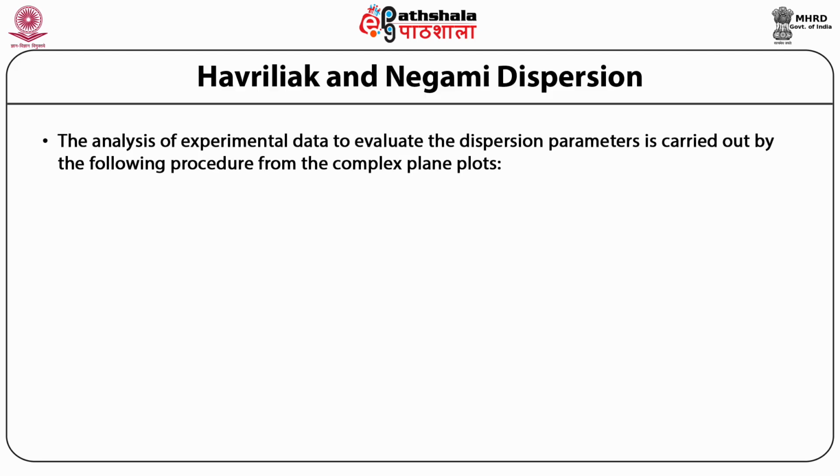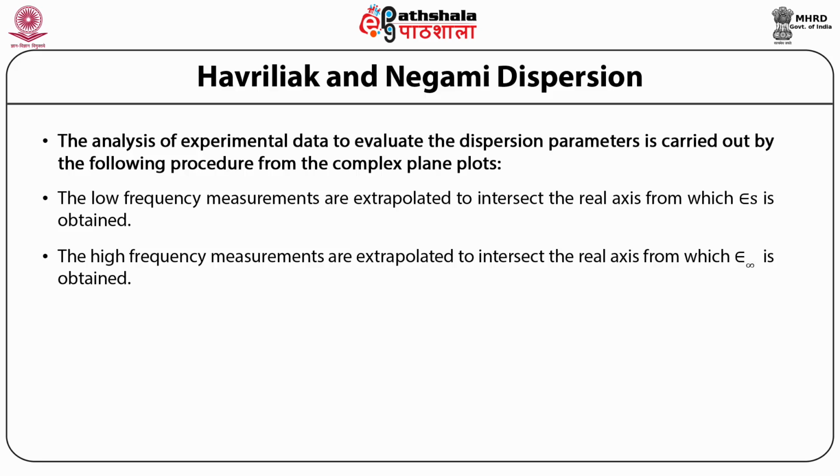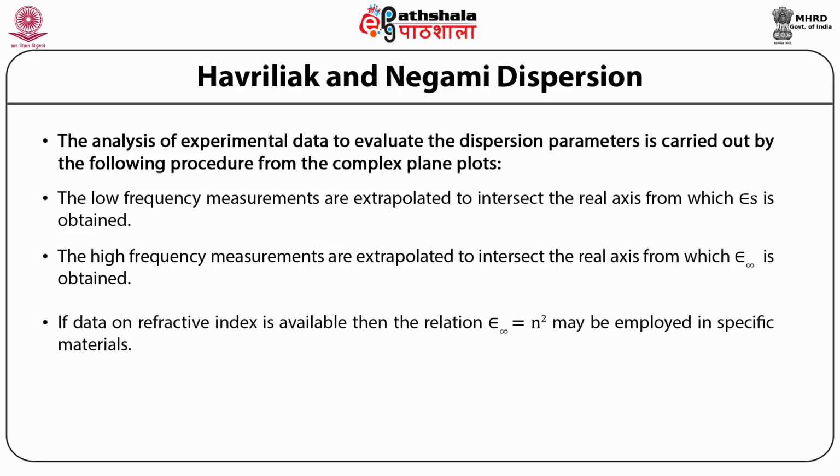The analysis of experimental data to evaluate the dispersion parameters is carried out by the following procedure from the complex plane plots. The low frequency measurements are extrapolated to intersect the real axis from which epsilon s is obtained. The high frequency measurements are extrapolated to intersect the real axis from which epsilon infinity is obtained. If data on refractive index is available, then the relation epsilon infinity is equal to n square may be employed in specific materials.